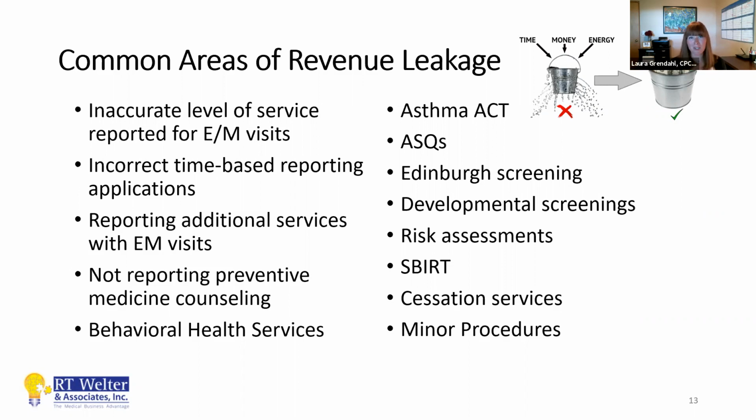Really the first thing that we all see is that we have inaccurate levels of service when we are reporting our E&M services, our E&M visits. This is happening all over. It's not just at school-based health clinics. It's not just pediatrics, it's everywhere. And E&M is such a big part of our day-to-day that we really want to make sure that our coding is as accurate as possible.